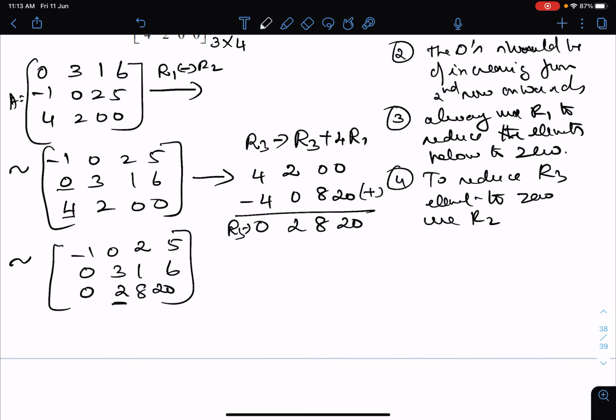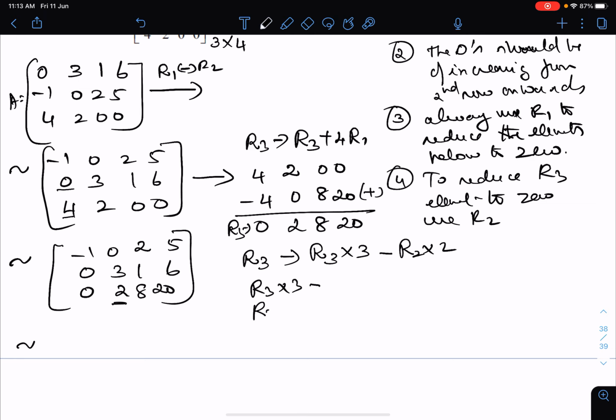How are you going to reduce this one? Row 3 only you are going to make 0. Here there is a 3 and here is a 2, so you multiply one by the other. R3 into 3 minus R2 into 2. R3 into 3 will give you 0 6 24 and 3 into 20 is 60.